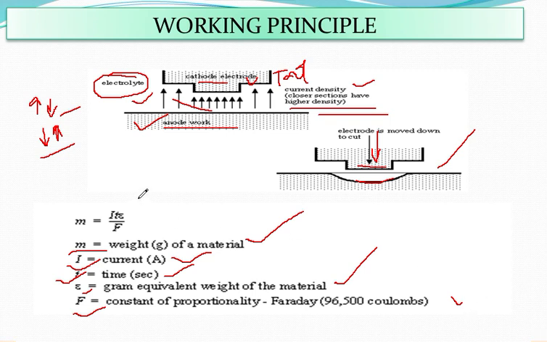Then what is the weight of the material? That is, M is always represented by I into T into eta by F. So hope you will be able to calculate the weight of a material during the machining.